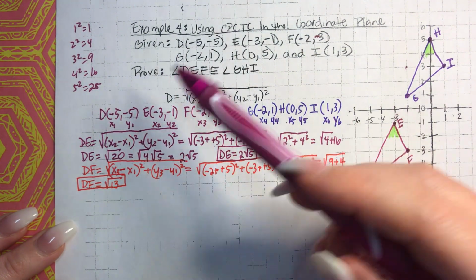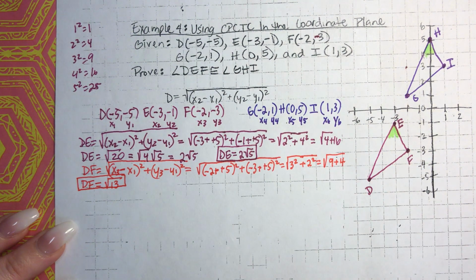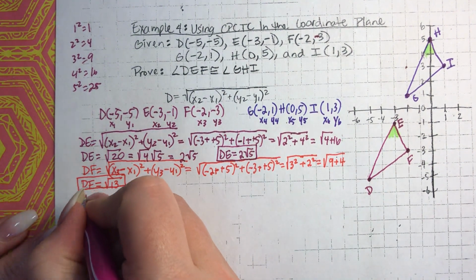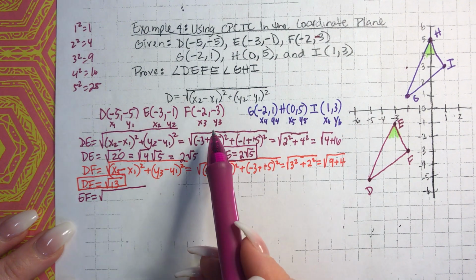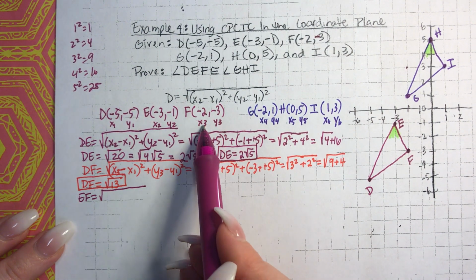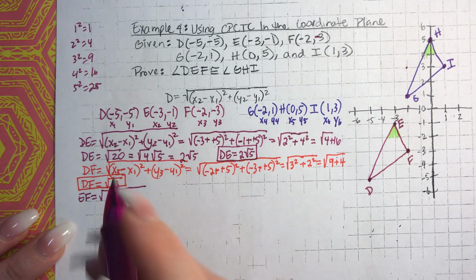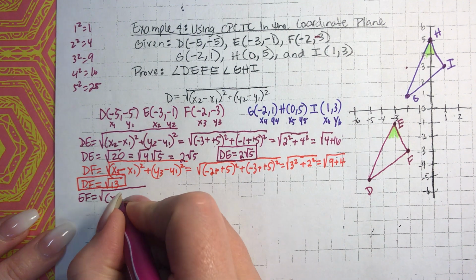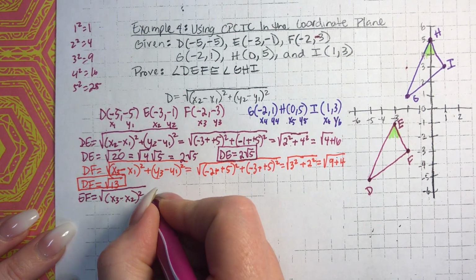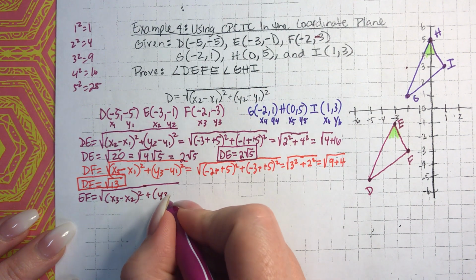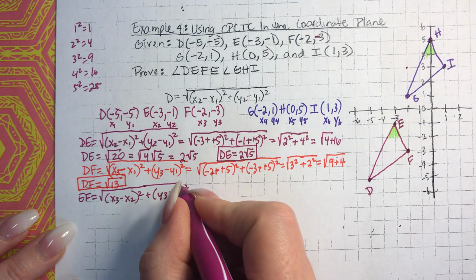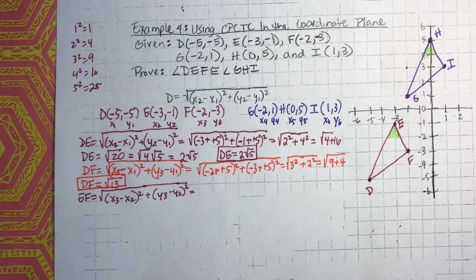So what did we do? We did DE, DF. Now we have to do EF. So EF is going to be the square root of x3 minus x2 squared plus y3 minus y2 squared. Then we just substitute everything in.